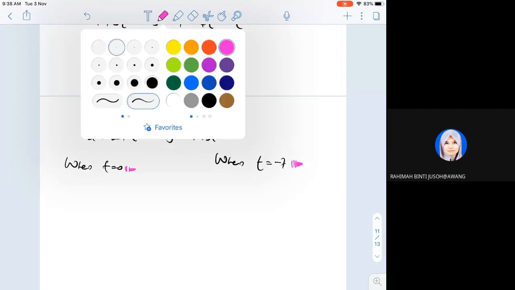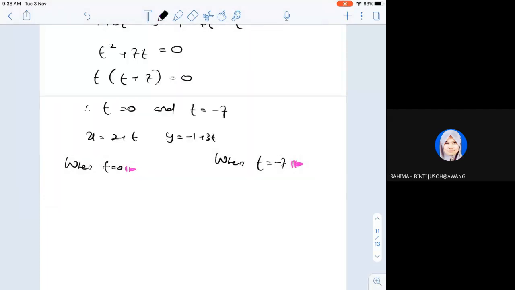Okay, so when t equals to 0, x equals to 2 plus 0 is 2, y equals to -1 plus 0 should be -1. So the point of intersection is 2 and -1. Okay, and then substitute t equals to -7.